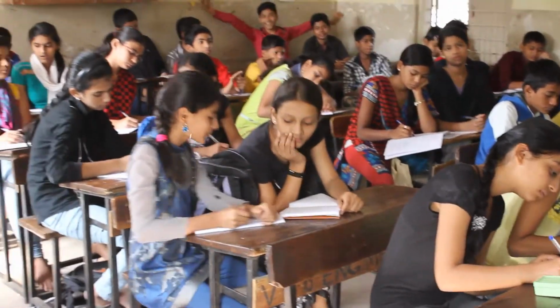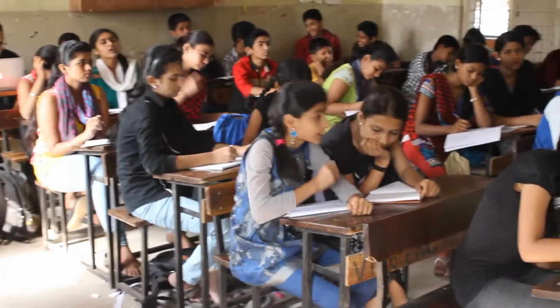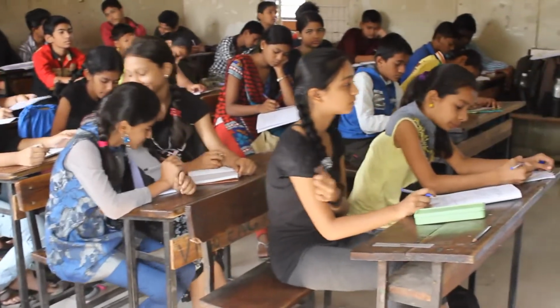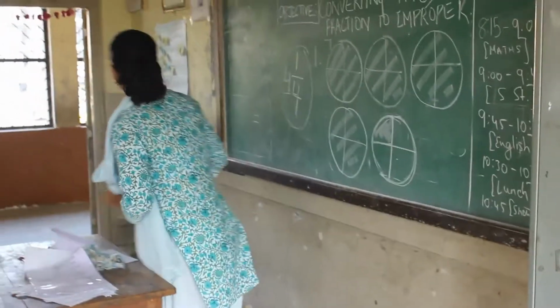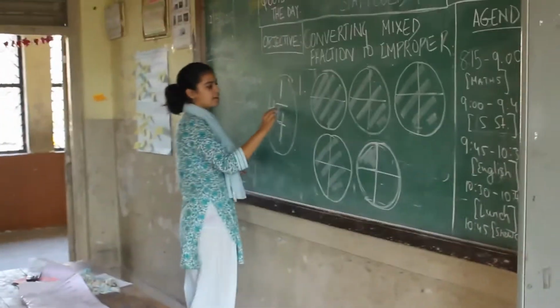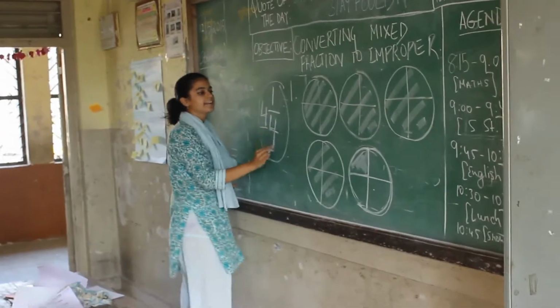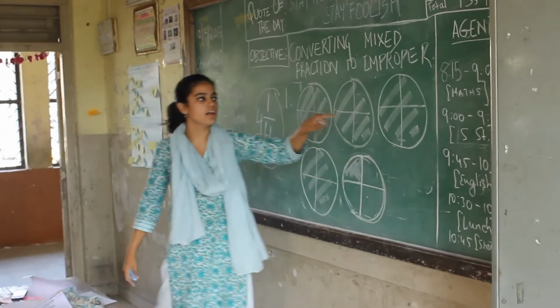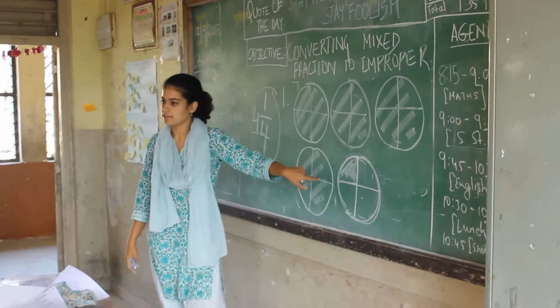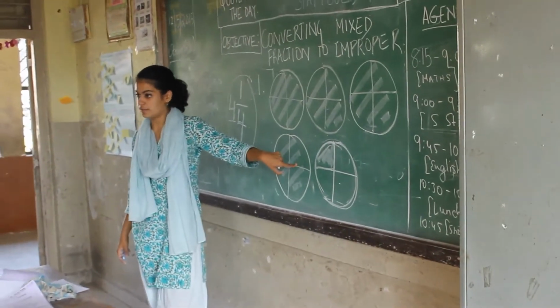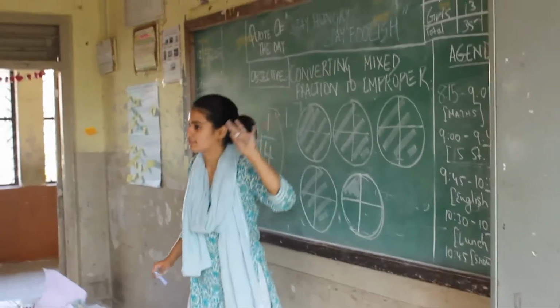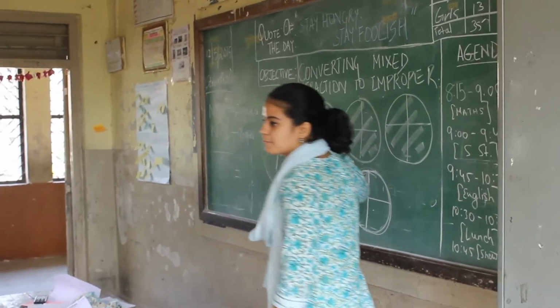Look at the denominator of the mixed fraction and divide the whole pictures that you made into those many parts. So that's fine, we've done that.